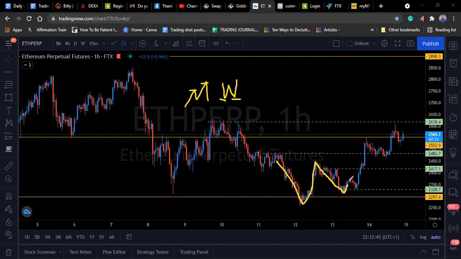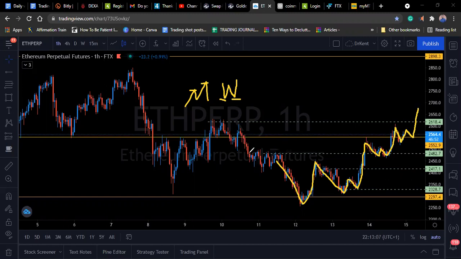This is another small double bottom. This pushed up. This is a double bottom, a small double bottom here. This pushed up. This is forming a bottom. I won't be surprised if it goes up, forms another bottom, shoots up. So that's how prices move.